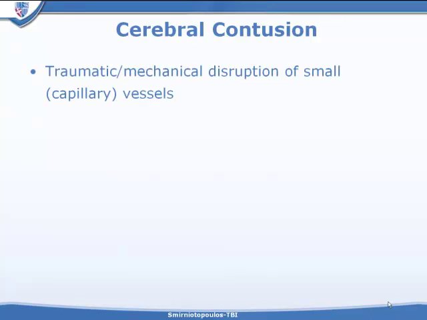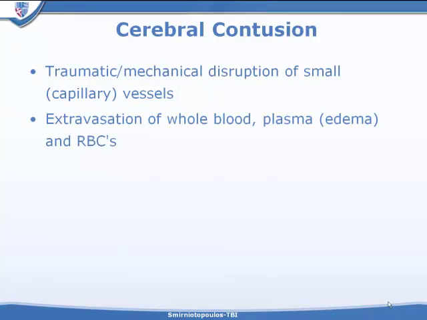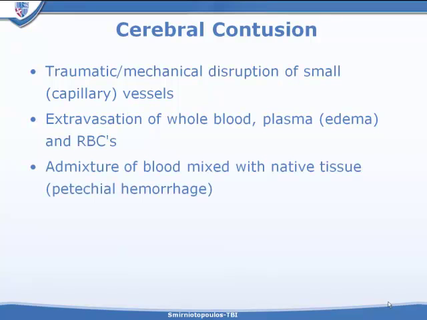Cerebral contusion is a traumatic or mechanical disruption of small, typically capillary-sized blood vessels. There is an extravasation of whole blood. We have a combination, therefore, of red cells and plasma looking like brain edema.